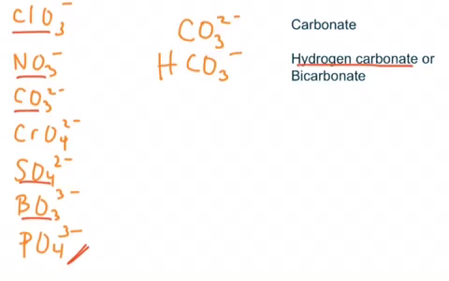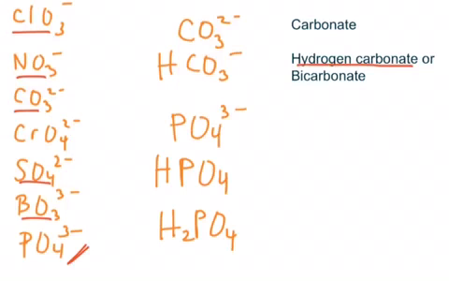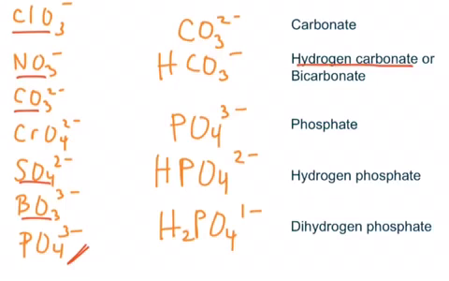Similarly, for phosphate, I start with PO4 3-, and I can add H's onto that. When I add those H's, adding 1 takes my charge up 1 notch, adding 2 takes my charge up 2 notches, and then I just need to specify that it is phosphate, or hydrogen phosphate, or dihydrogen phosphate, because it's got the 2 H's on it.